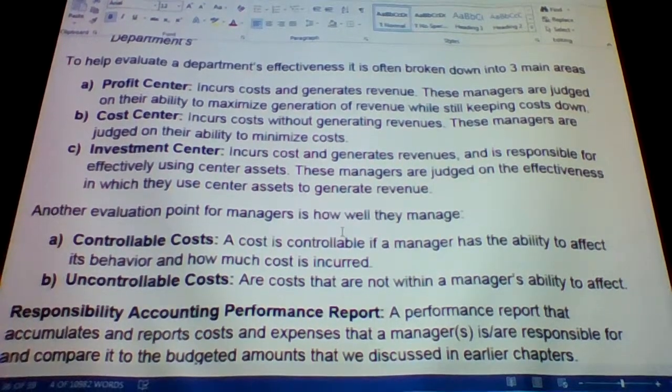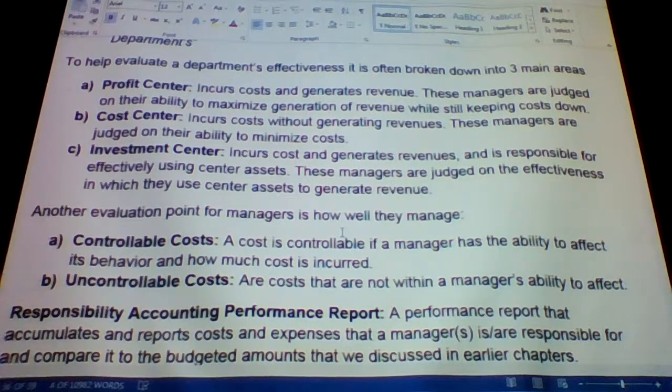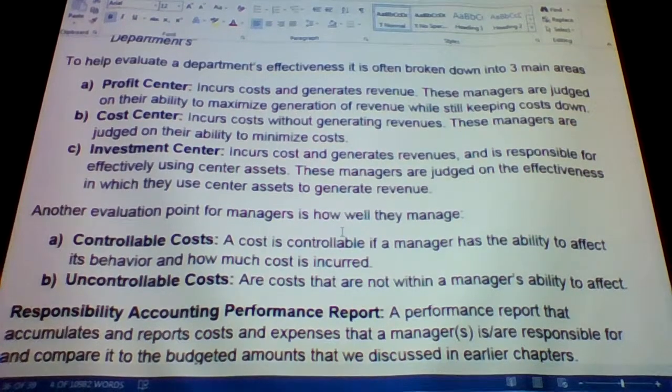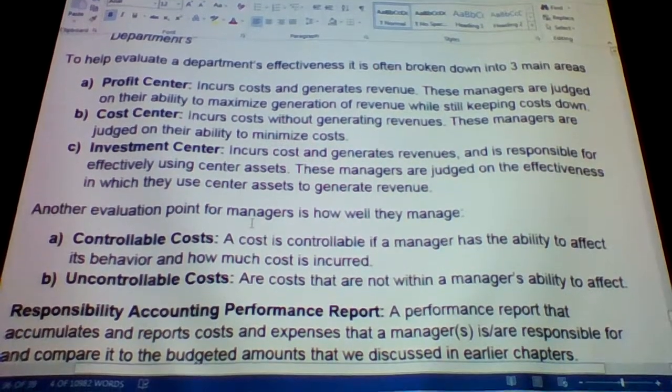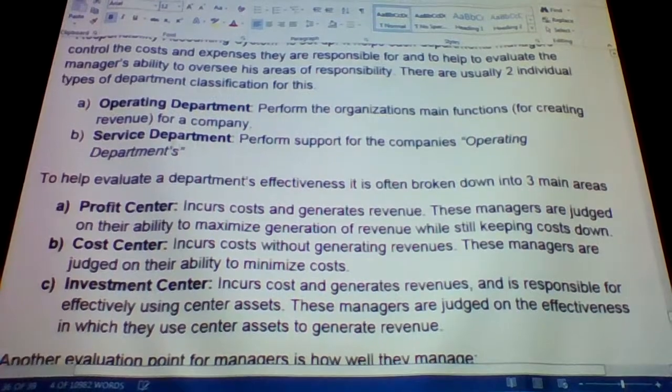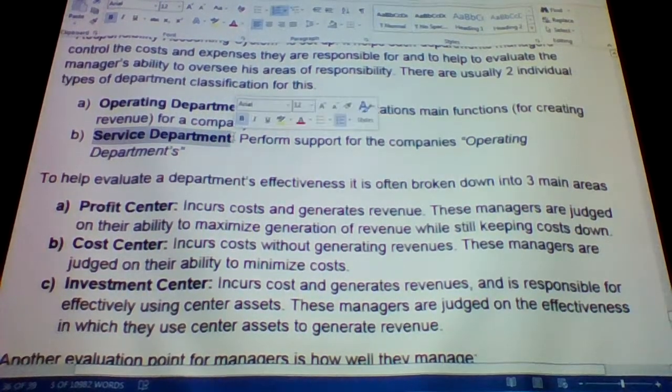Profit centers are typically your production centers. Then B, a cost center, incurs costs without generating revenues. These managers are judged on their ability to minimize costs. These are typically service departments, not as in an automobile service department, but as what we talked about right here as a service department.